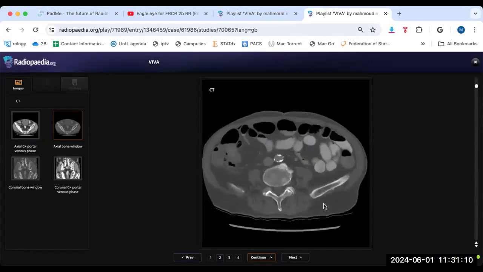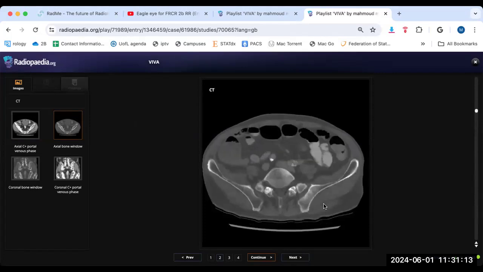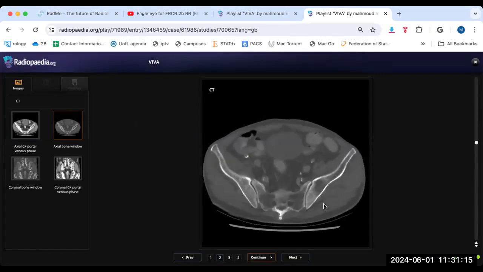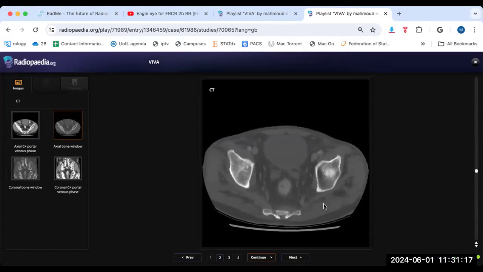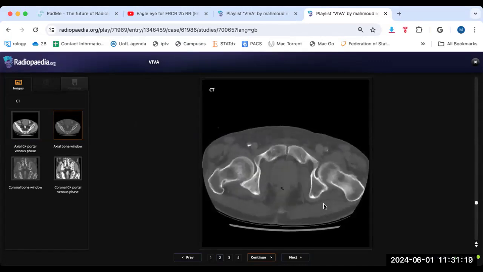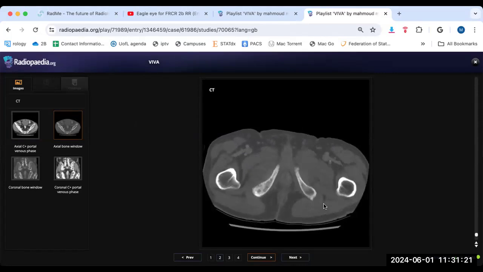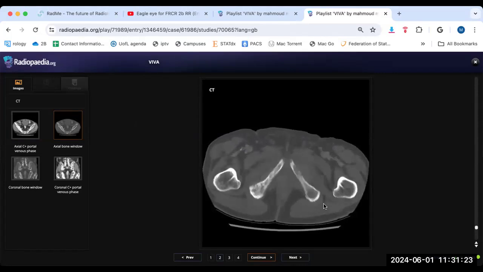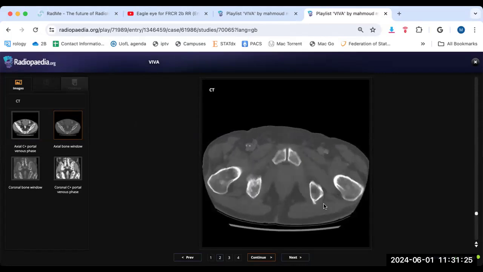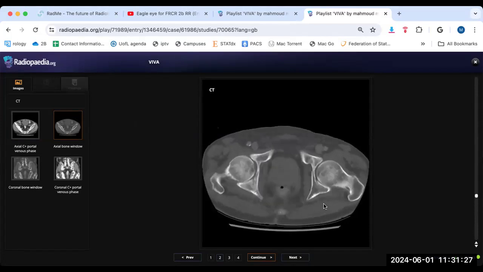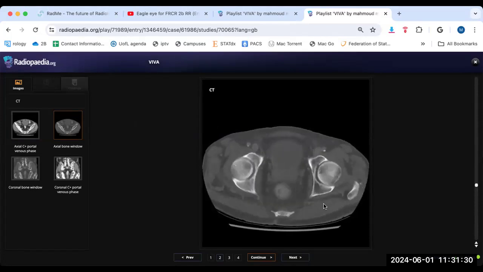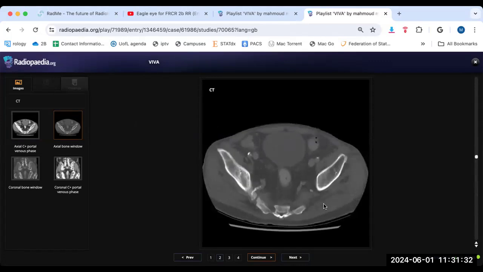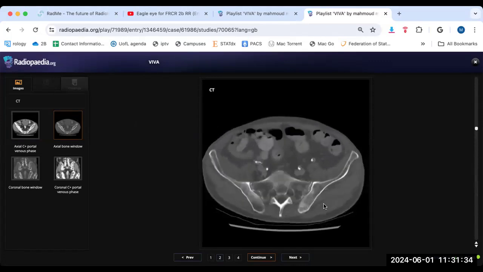So I will go through the bone. I can't see any bony lesions. I don't see any osteoblastic bone lesions. I don't see any osteolytic lesions also.